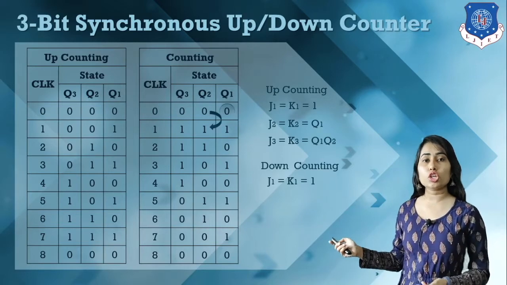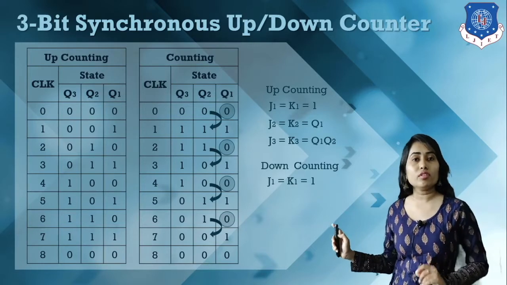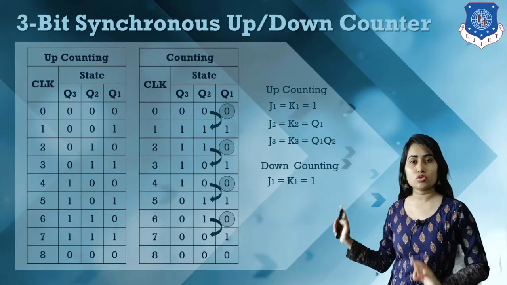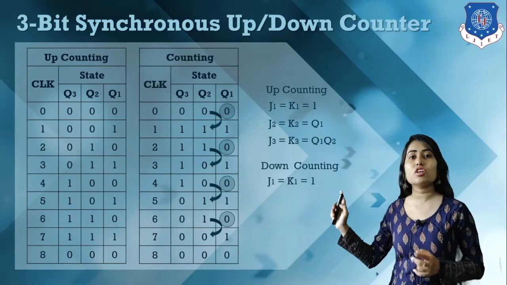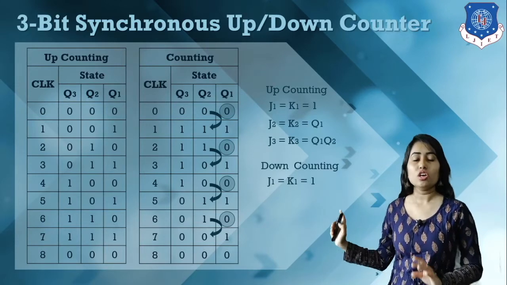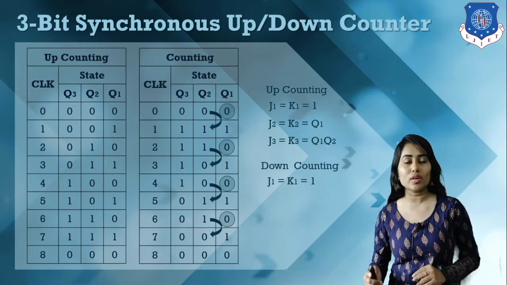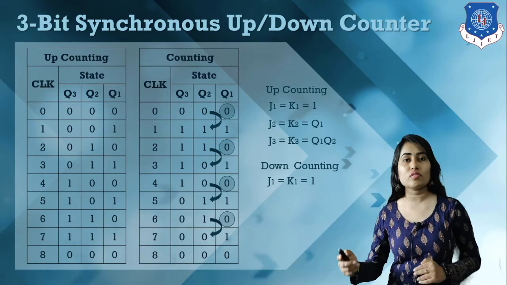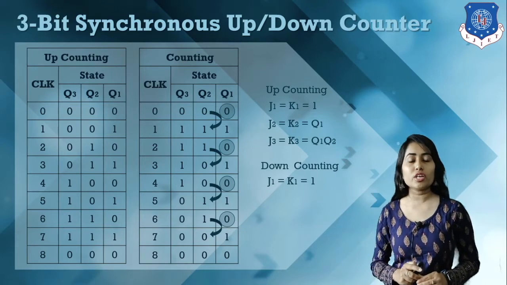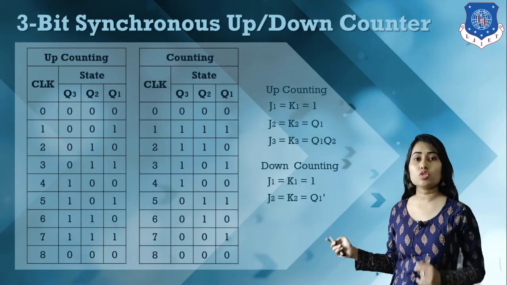Now for Q2, Q2 will toggle its state whenever Q1 is equal to 0. Whenever Q1 is equal to 0, we have a change of state for Q2. So whenever Q1 is equal to 0, Q1 dash is equal to 1, and for Q1 dash equal to 1 we have toggle mode operation. That's why here we have J2 K2 is equal to Q1 dash.